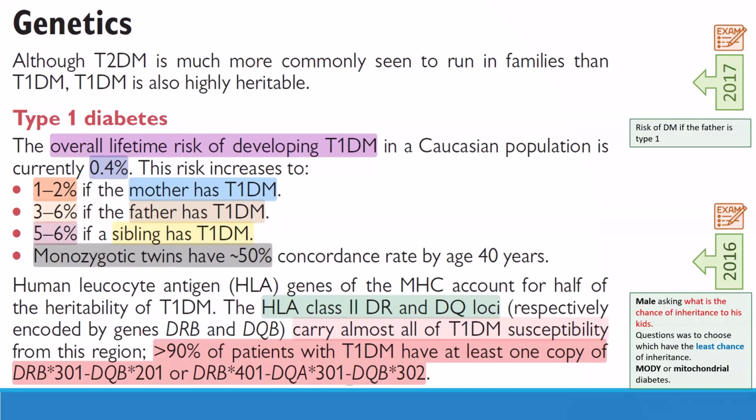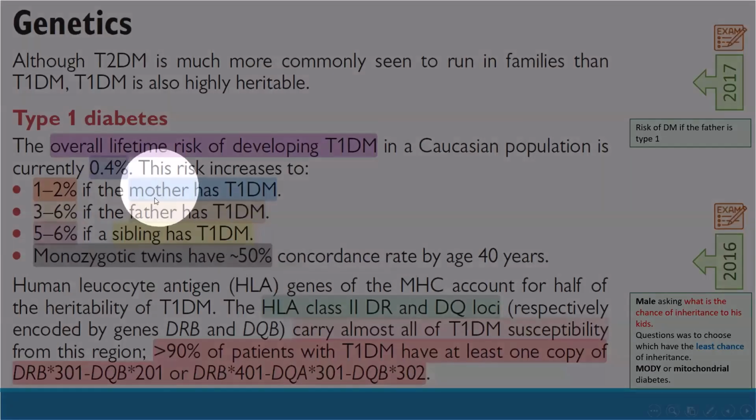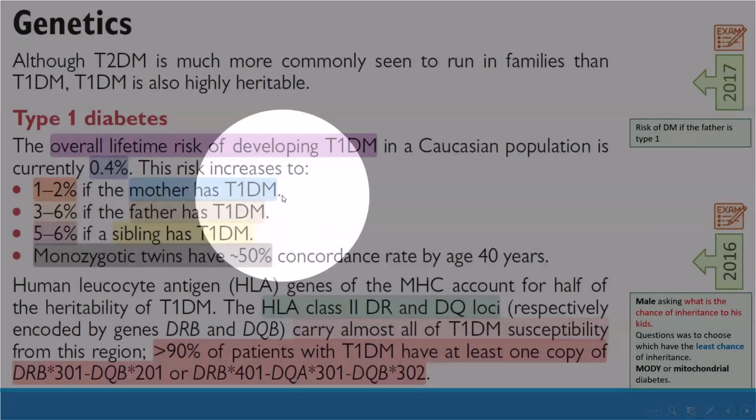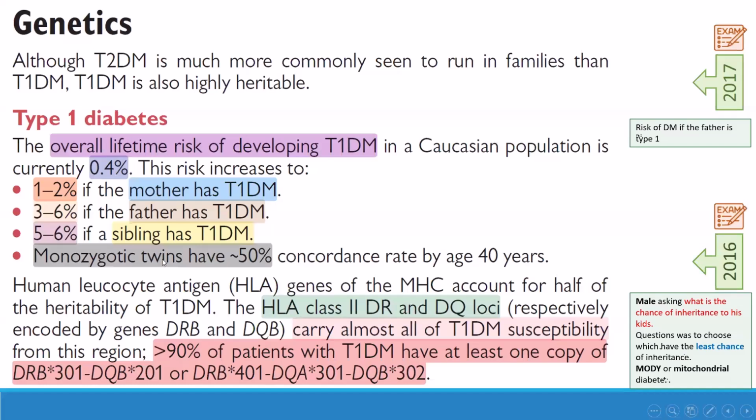For example, if the mother is type 2 or the father is type 2, the risk is 25%. In monozygotic twins for type 2, the risk is between 60 to 100%. This is very, very important.